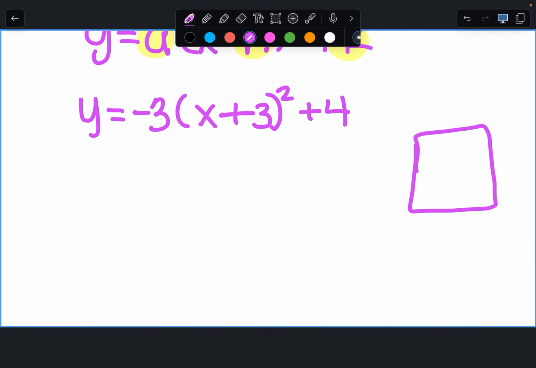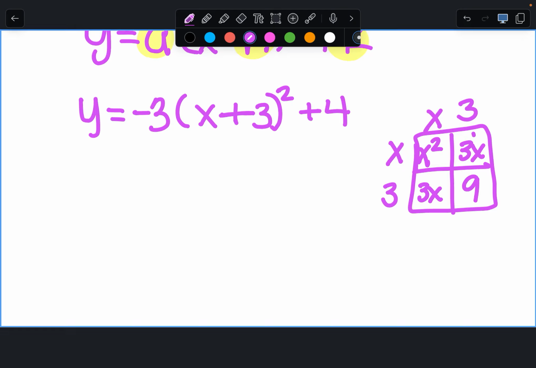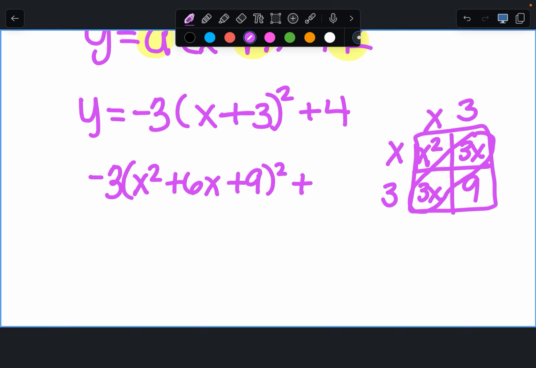Box method, fun stuff. x plus 3, x plus 3. Bring down the -3, x squared, 3 plus 3 is 6, and bring down the 9. Don't forget the +4 at the end. What's the next step?